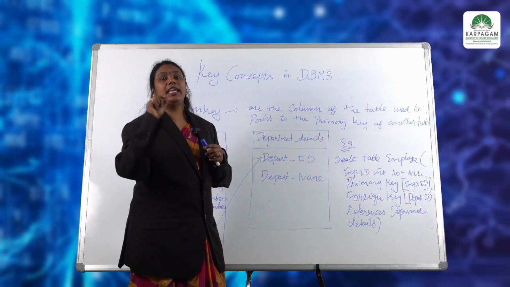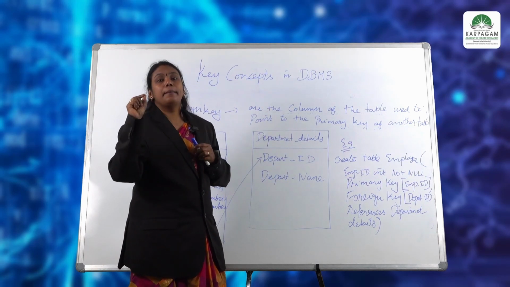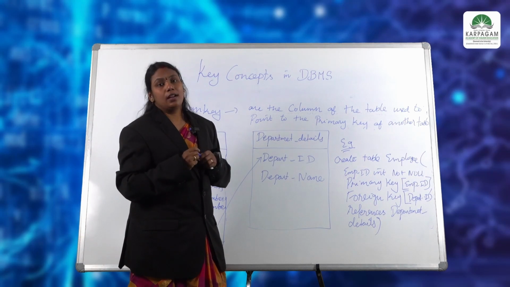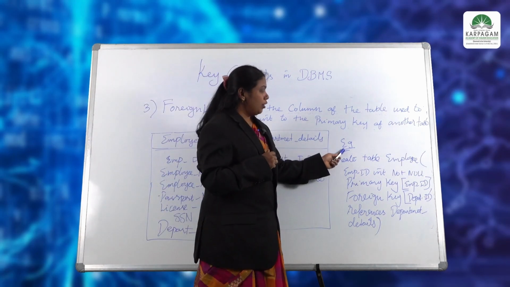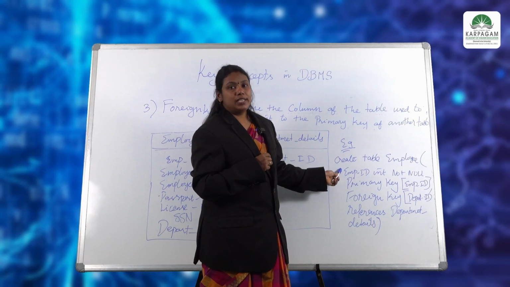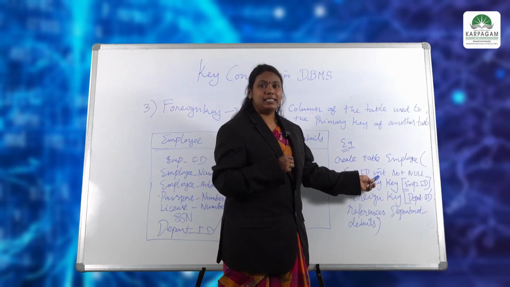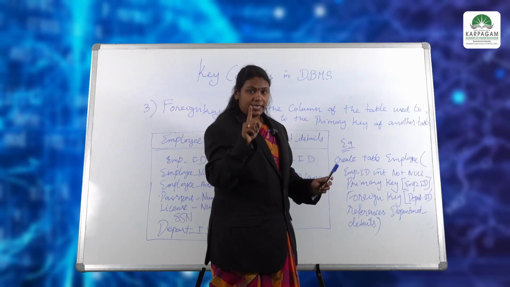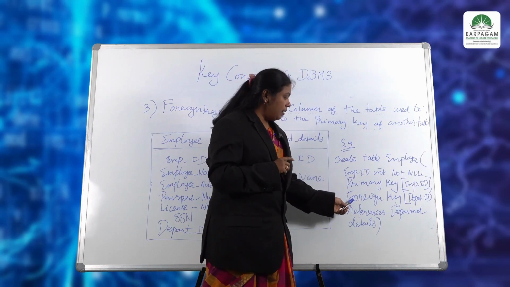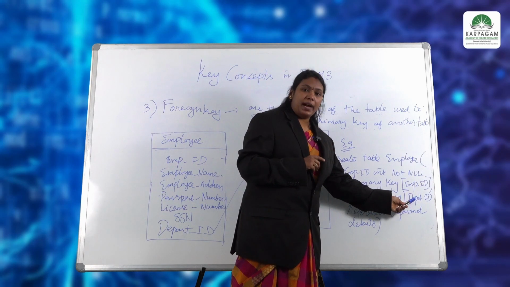So primary key and foreign key play a major role in SQL. This is one example of creating a table for employee details. In the employee details, we can give the employee ID as a primary key in one table, and in another table the foreign key, which is the department ID.